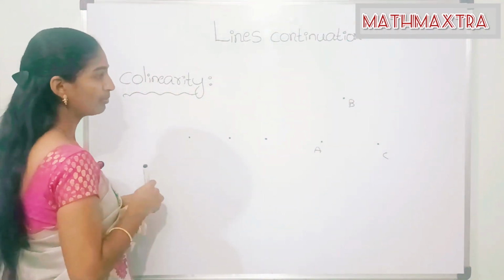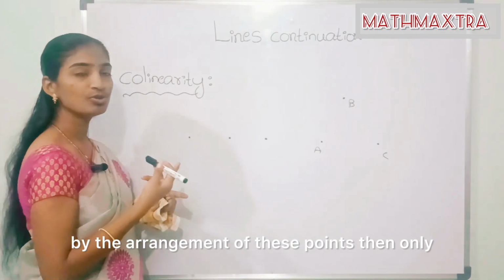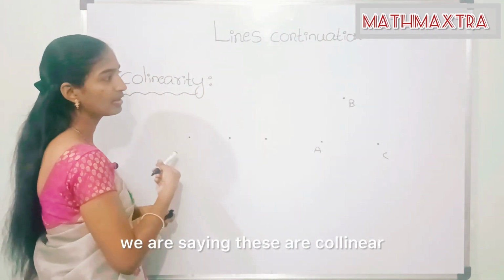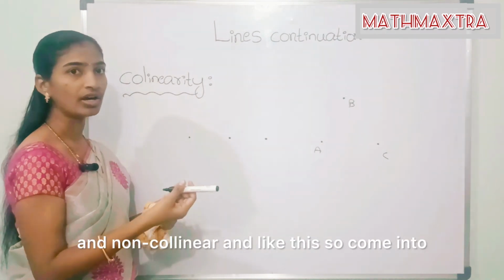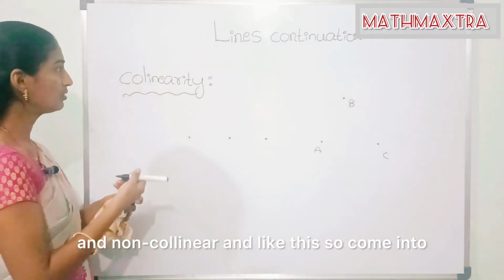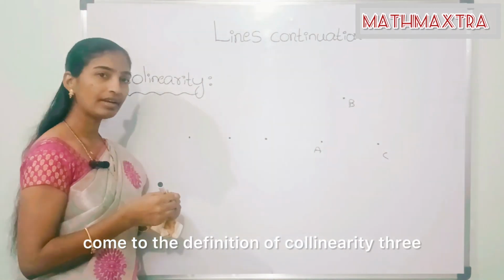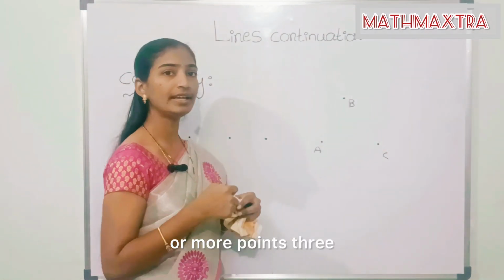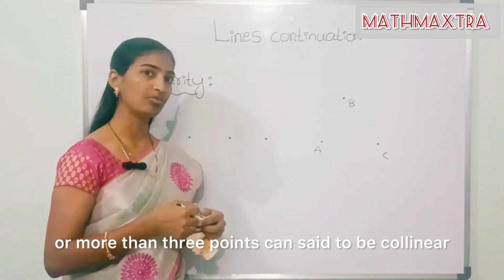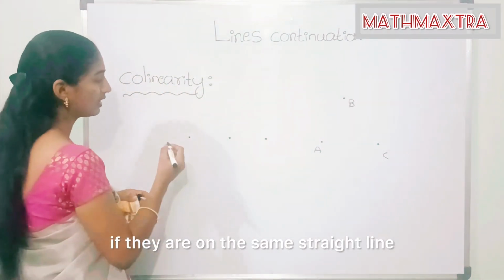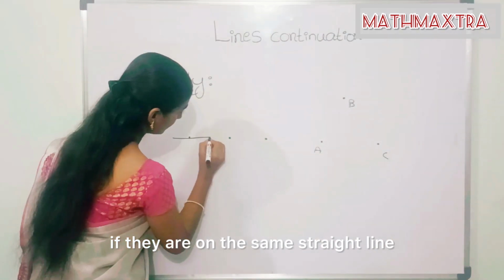By the arrangement of the points, we say they are collinear or non-collinear. Now the definition of collinearity: three or more points can be said to be collinear if they are on the same straight line.